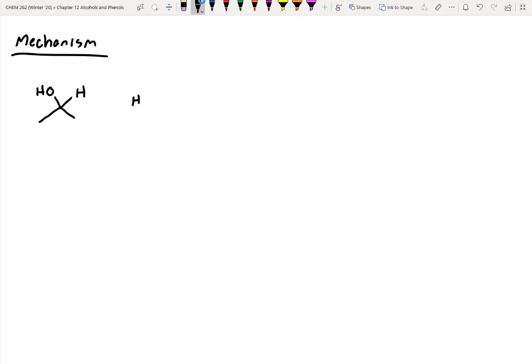We know that we're going to be reacting this with chromic acid. And chromic acid looks like this, where we've got 2 double bonds to chromium. And when you mix these 2 together, you're actually going to be in an equilibrium reaction. The equilibrium tends to favor the formation of this important intermediate.